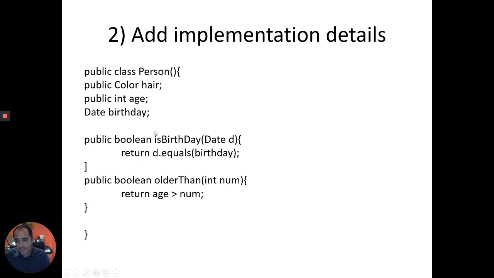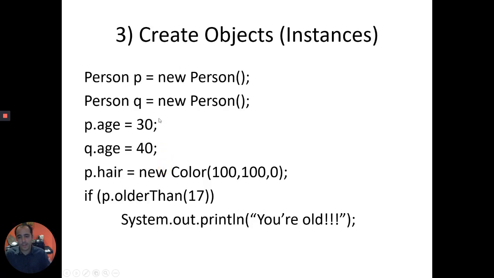And then the last step, once you've done that, you've defined your data types, the information you're going to have. You've defined the behaviors, and you've given those behaviors implementation. Then the third step is where you can actually now start to create people, as many as you want, an array of people if you really want to. And each person is going to have this new qualifier. It's going to have its own variable, and it's going to have its own set of those variables, its own implementation of those variables.